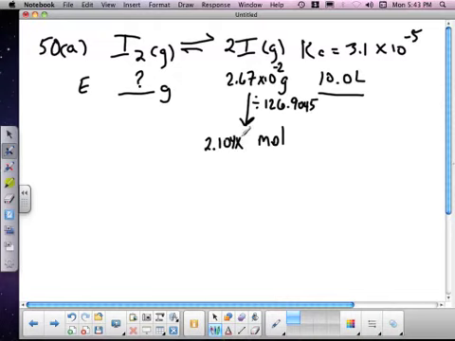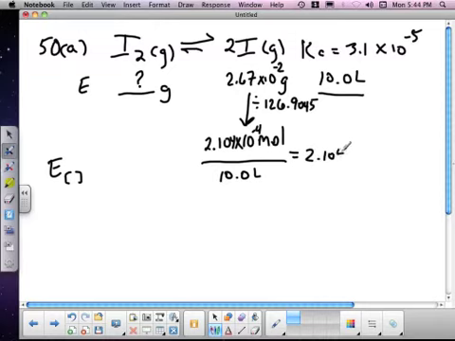And then I take that over 10 liters to get my molarity. So I'm going to put molarity down here. So that's what we're doing. We're changing these into molarities, which is equal to 2.104 times 10 to the minus 5. And that's what I'm going to put into my equilibrium expression. Okay? And so this is x.